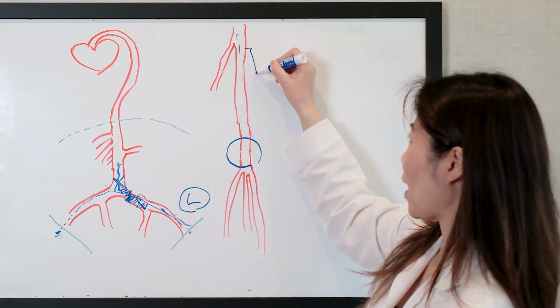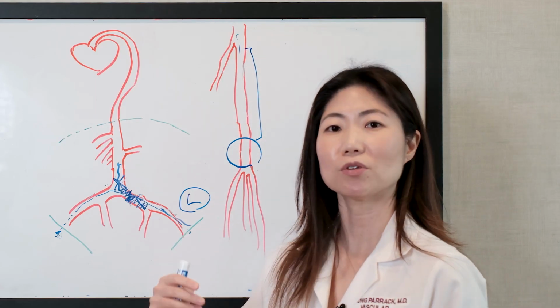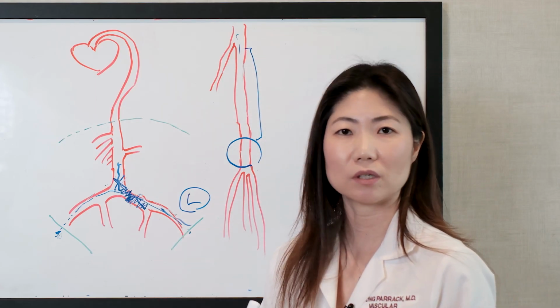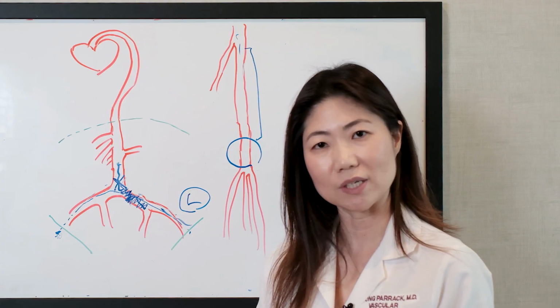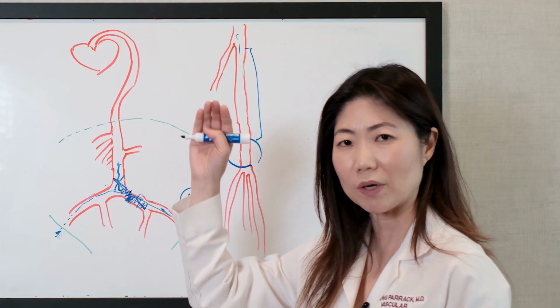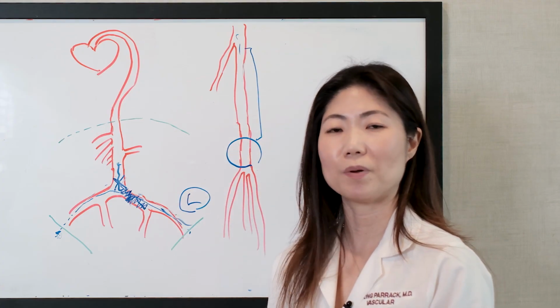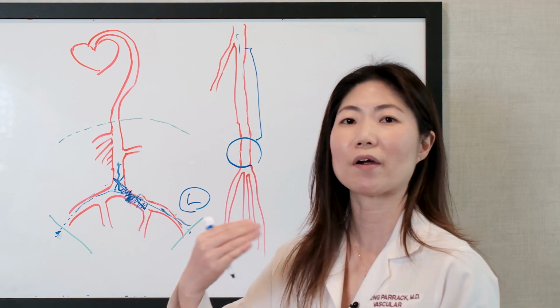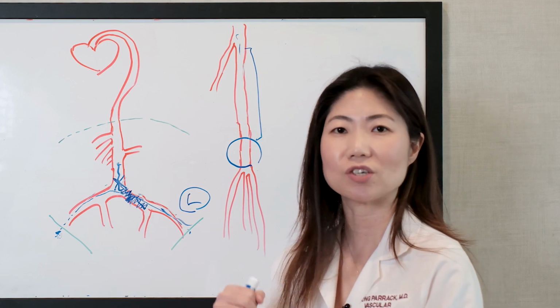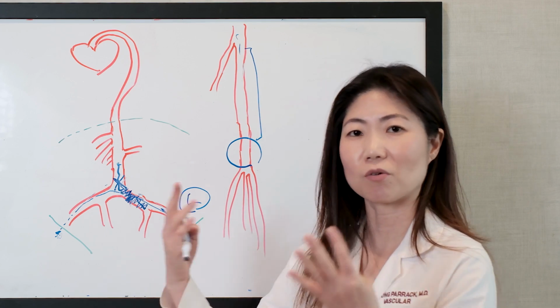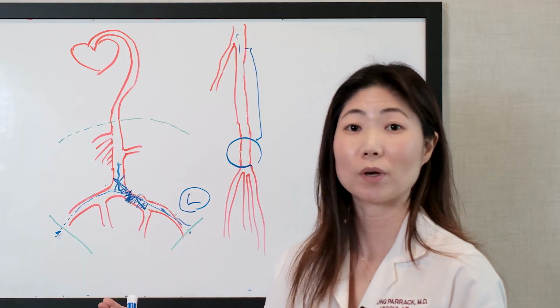Conversely, if some people have most of the disease below the groin, those are in some ways easier to treat initially. However, once those are treated, there's a big portion of the patients that may require a touch-up, more medications, another intervention in order to make sure that you have an adequate upkeep.